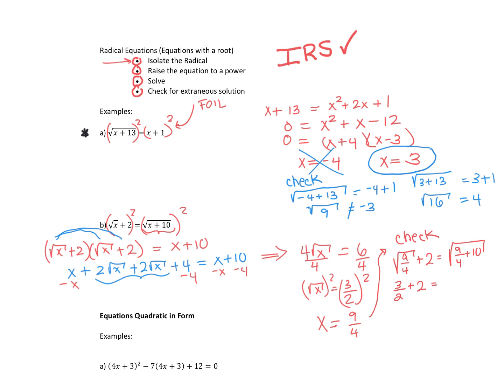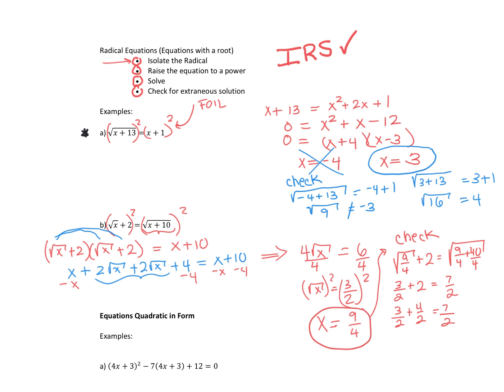On this side, I'm going to think of 10 as 40/4. So we'll have the square root of 49/4, which is 7/2. And we can think of 2 as 4/2. And we get a true statement. So this is a valid solution.